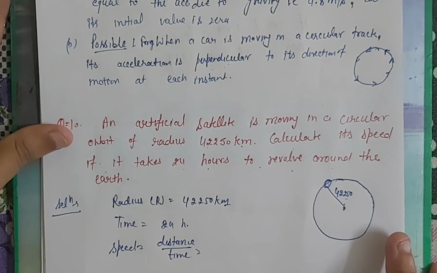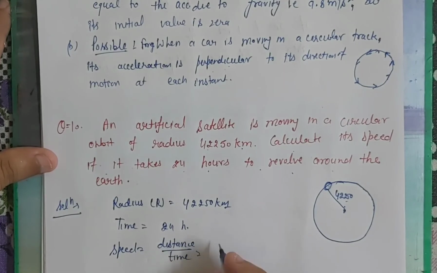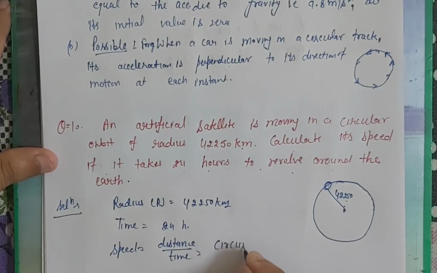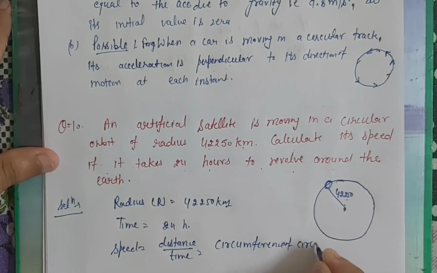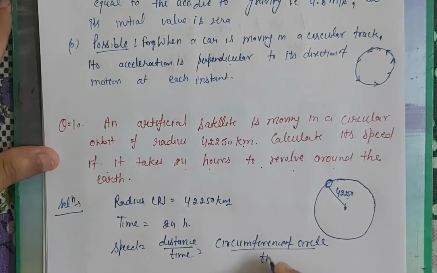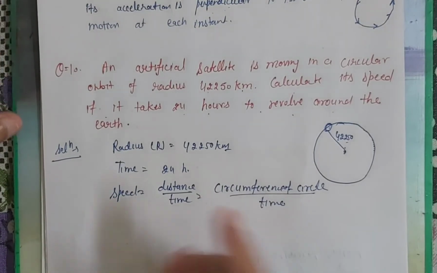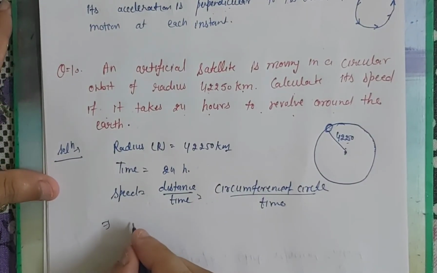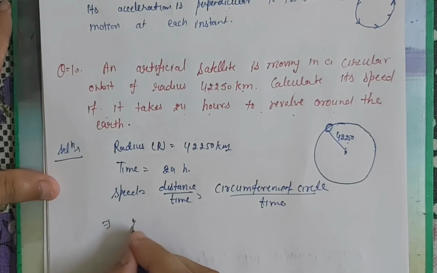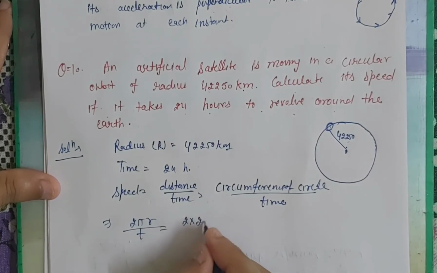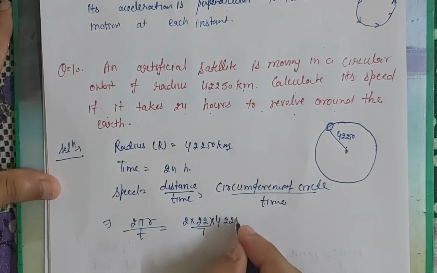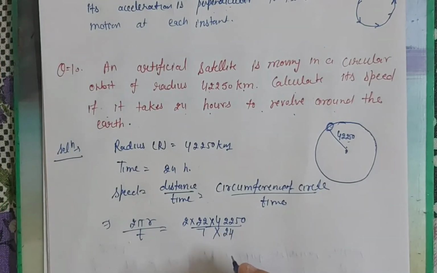It is equal to the circumference of the circle, divided by time. The circumference formula is 2 pi r, divided by time. Pi value is 22 divided by 7, whereas r value is given as 42250 and time value is 24 hours.